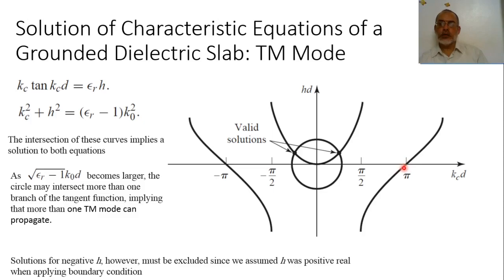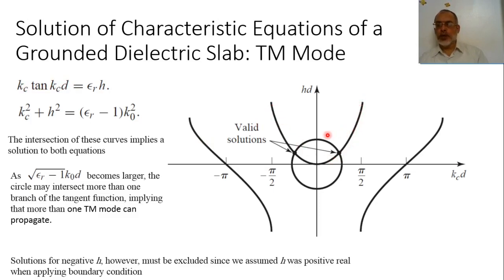On the other hand, if I'm talking about Kc negative, so tan of negative Kcd, and Kcd is greater than minus pi over 2, tan would be positive, but multiplied by the negative value it would be negative. And as I said, in general, the function Kcd tan Kcd is an even function.